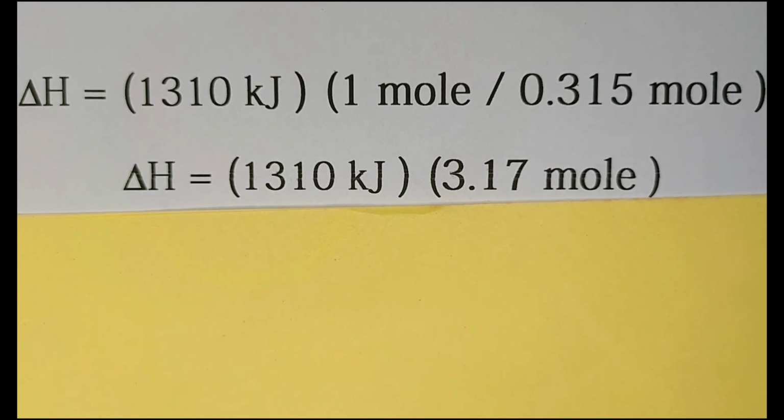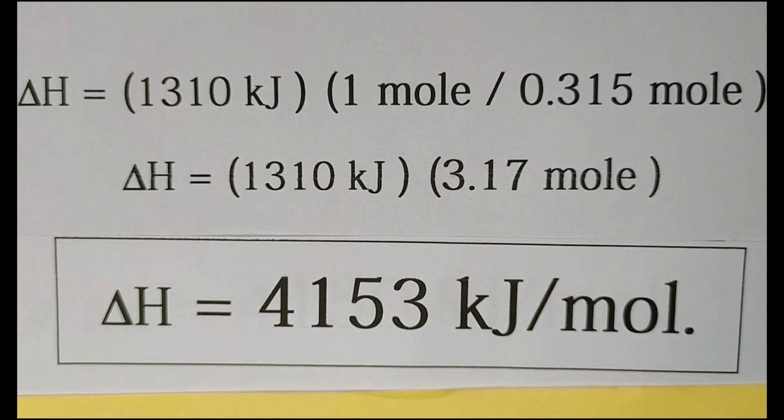As a result, the molar heat of combustion of hexane is 4,153 kilojoules per mole.